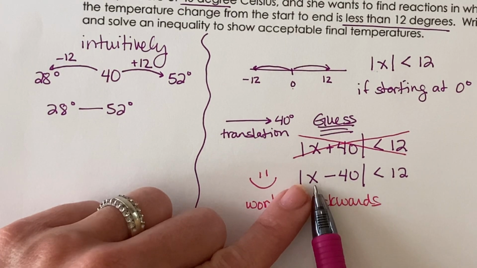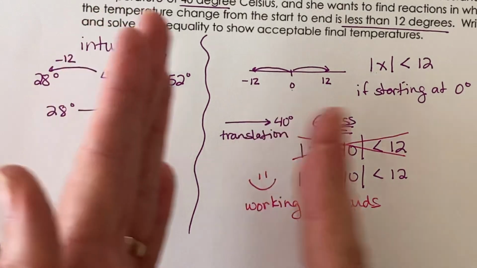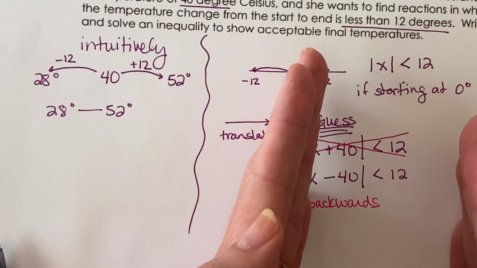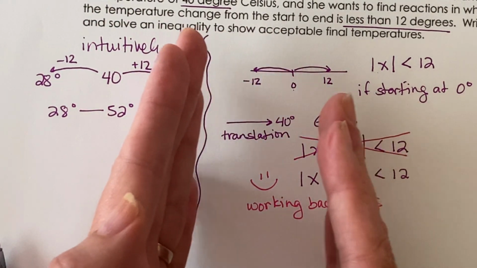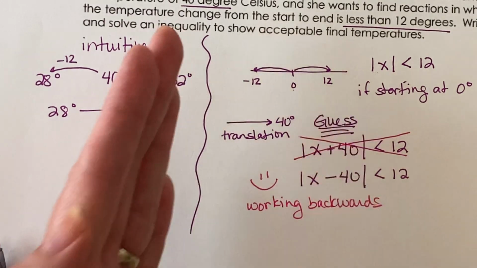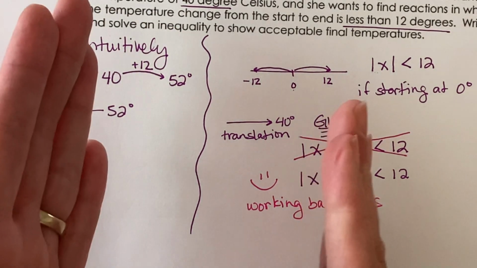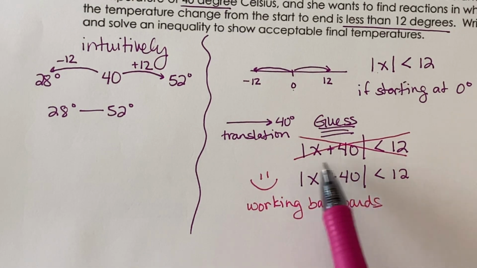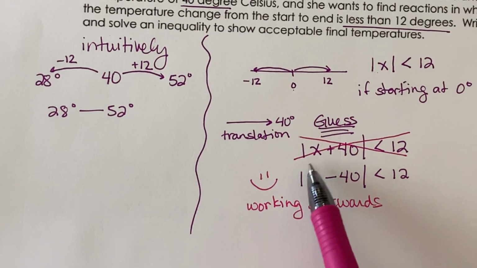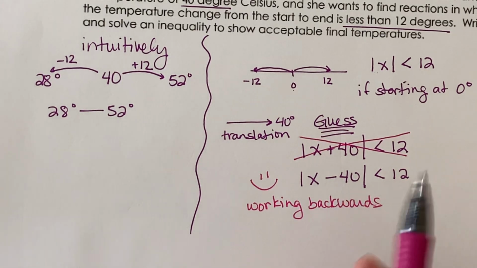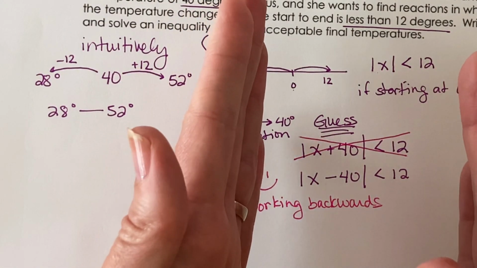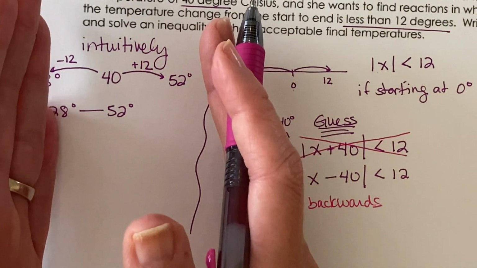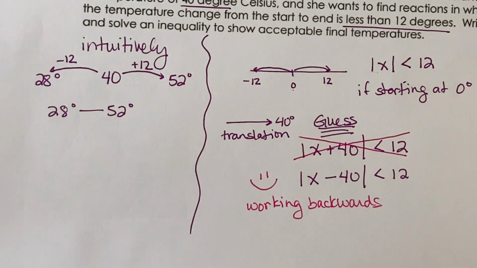I am trying to find a number, and I knew that I moved it up by 40, but when I'm solving it, I have to move it back by 40 to get it back to 0 in order to be able to solve it. So this is a rule that we're going to see again when we get into algebra, where when we're translating things, we actually do the opposite of it when we're solving it so that we can unwind it to move it backward.